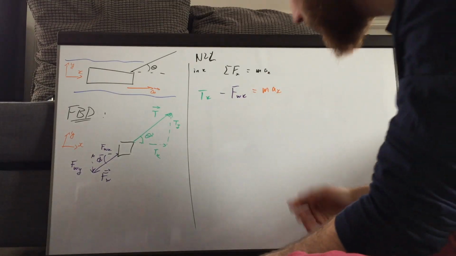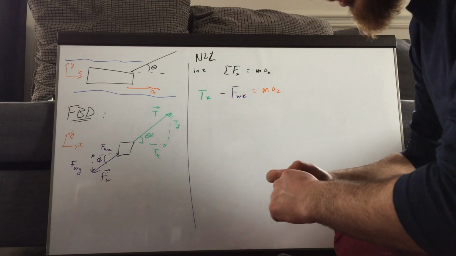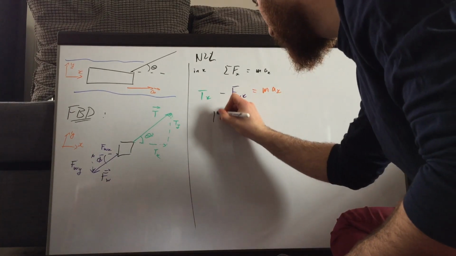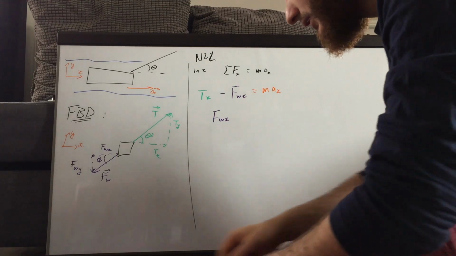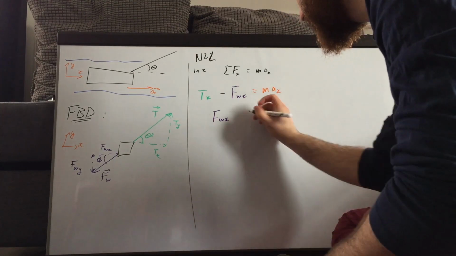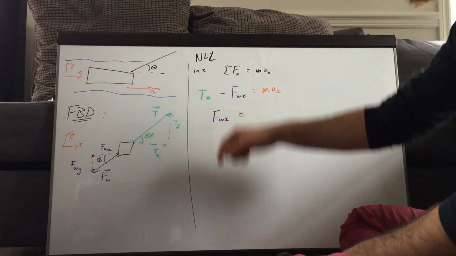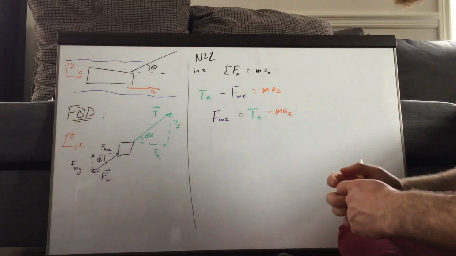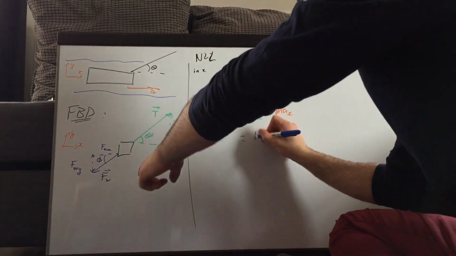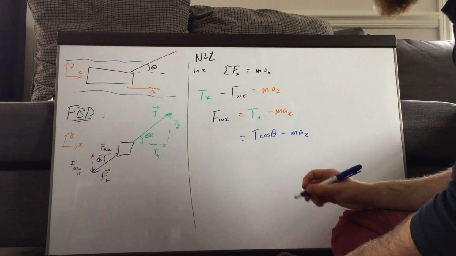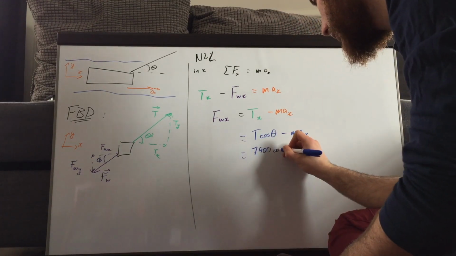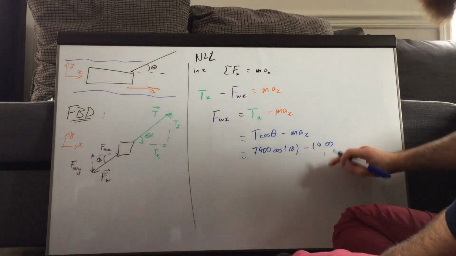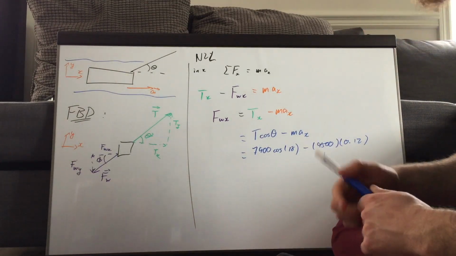That's the plan. So, going at it, we get Fwx is equal to, which gives you, in the end, when you plug in your numbers, meters per second squared as your acceleration.